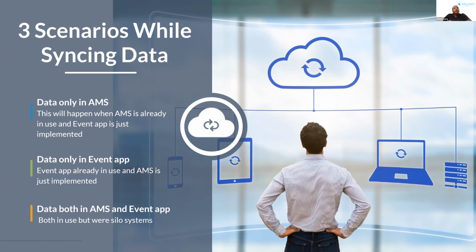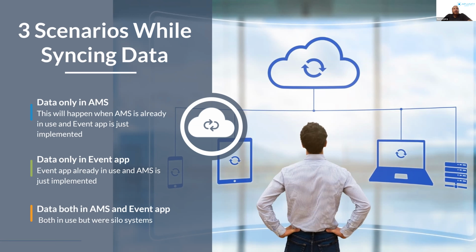So there is just data in the AMS, and no data in the event app. Similarly, it can be vice versa, where you are already using an event app but have not implemented an AMS. You go and say that I need an AMS, and you buy one and implement it. Then it is the reverse scenario where you just have data in your event app and no data in your AMS.